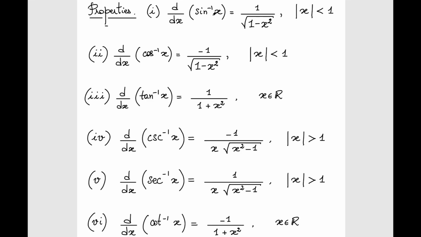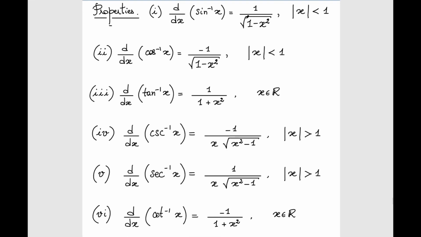And what's the corresponding integration formula for this one? The primitive of 1 over square root of 1 minus x squared dx is equal to sine inverse of x plus a constant, where this constant is an arbitrary real number. It's the constant of integration. This would be the corresponding integration formula.